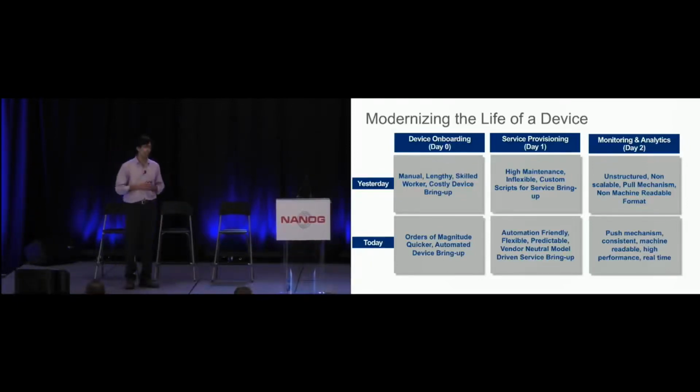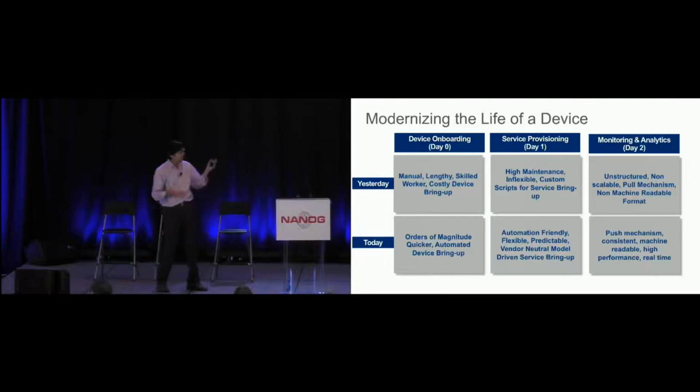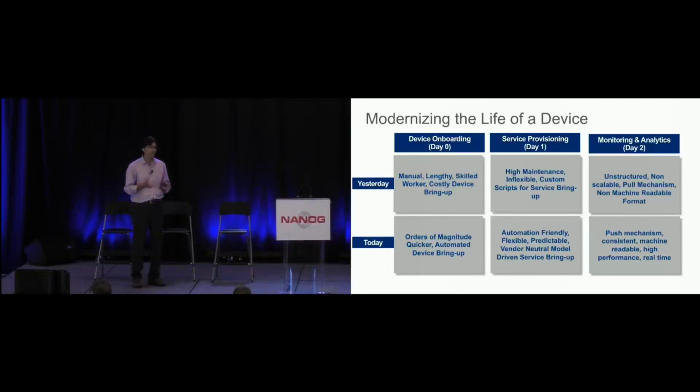And it was based on templates, which only work for specific vendors and never work for other vendors. Finally, the way we used to pull the models, pull the information from the routers or switches or servers, it was not machine friendly. So it was very difficult to automate.